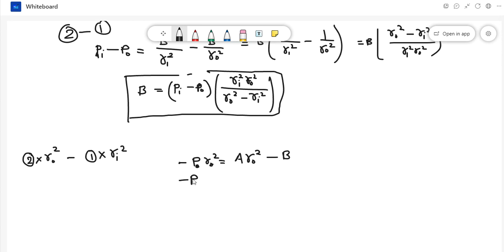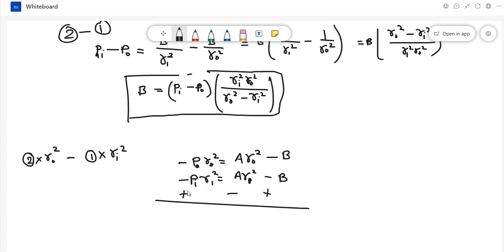In the similar way, multiply the equation number 1 by Ri square, so Pi Ri square, that equal to A into Ri square minus B. Now this is your equation number 2 multiplied by R naught square, we have to subtract, so it will become plus minus plus.